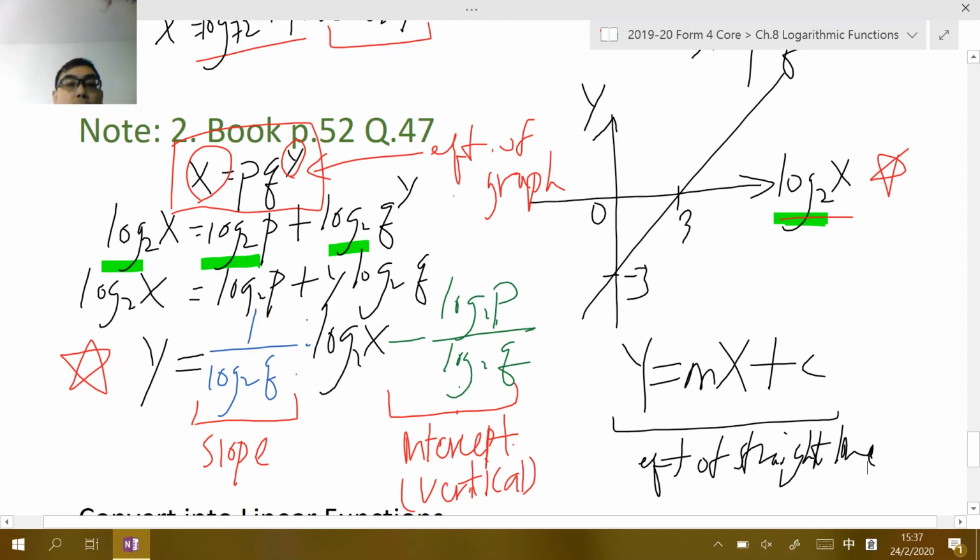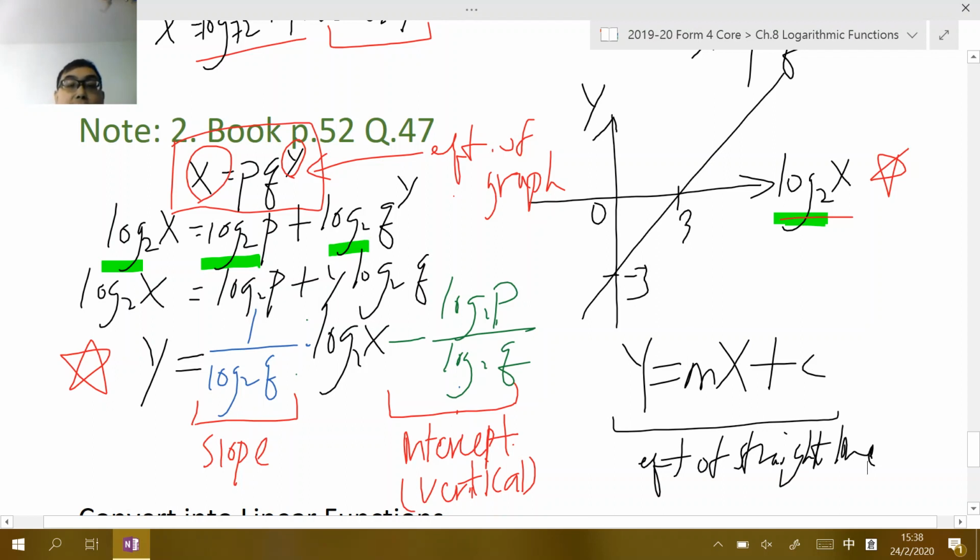So here also, the term in front of log 2x should be the slope. So in this question, 1 over log 2q is our slope. And the other term, other than x, here minus log 2p over log 2q, should be the y-intercept, that means the intercept on the vertical axis.